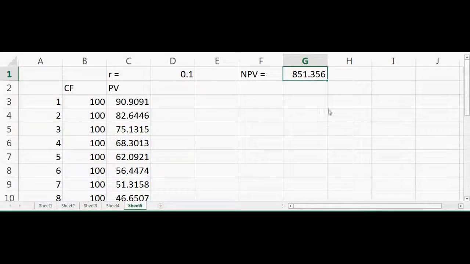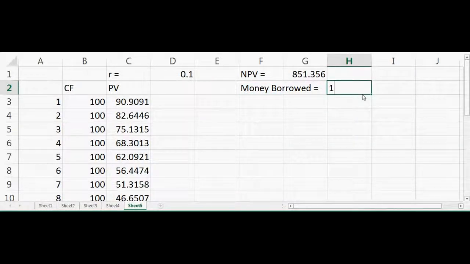So let's say money borrowed is $1000. Somebody borrows 1000 from you. How much payment should he make you every year for the next 20 years? So how will we go about it?